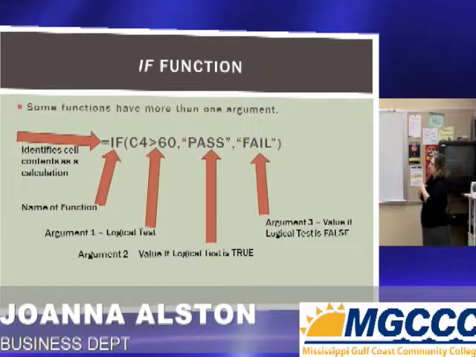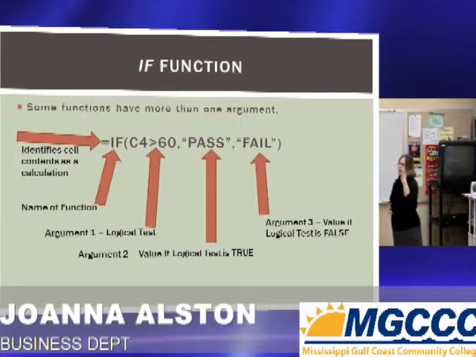Again, it starts with the equal sign, the name of the function if. I've got my open parentheses because my arguments have to be in parentheses. But here the first argument is a test, a logical test. In this example, C4 greater than 60. So the computer is going to look at cell C4, compare it to 60.